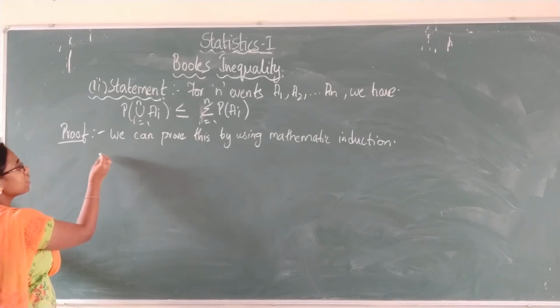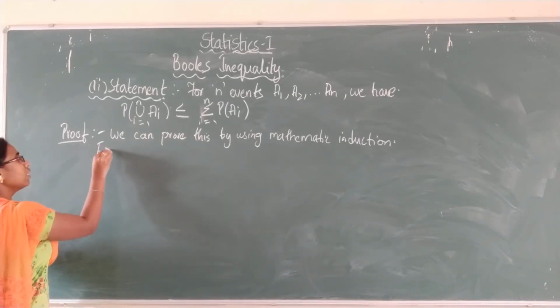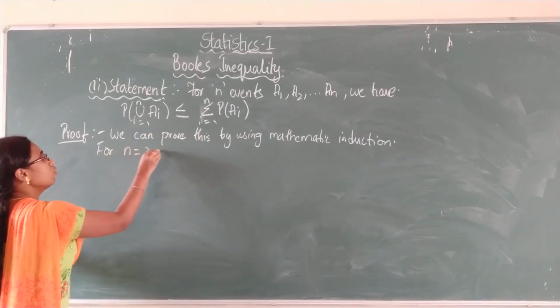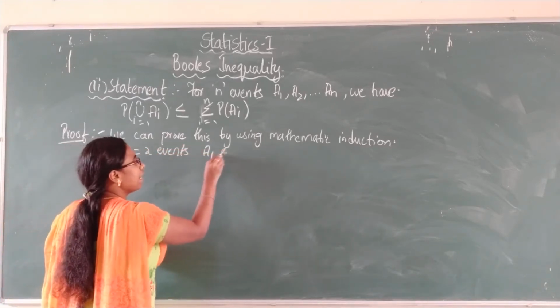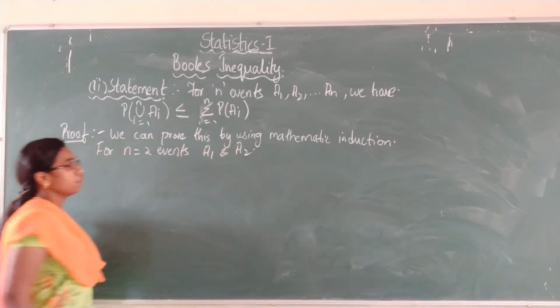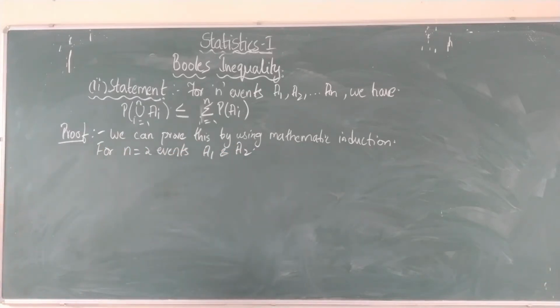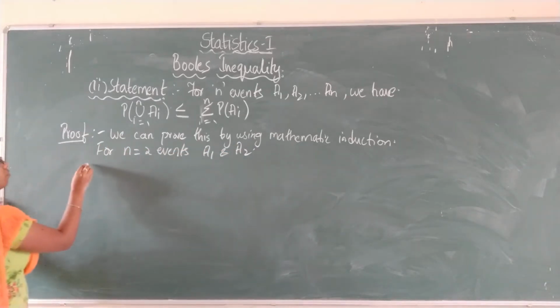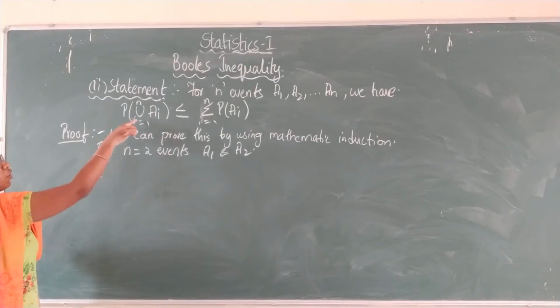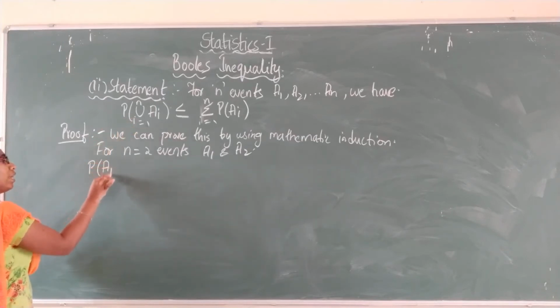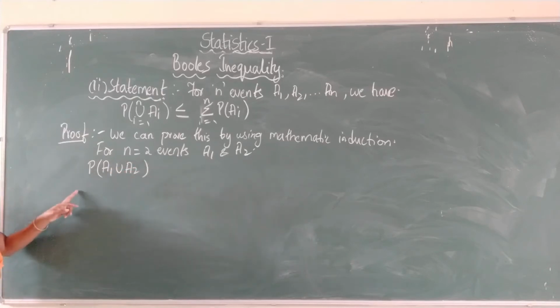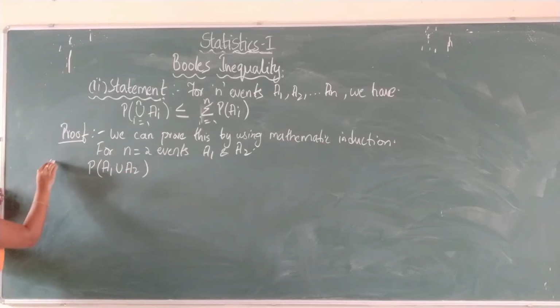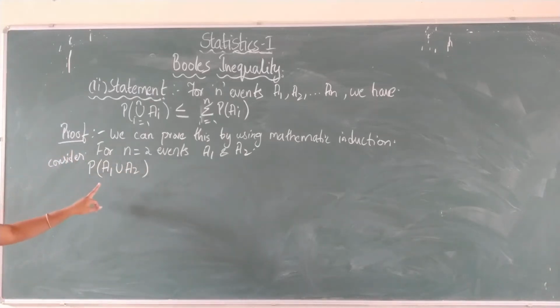So first, for n equals to 2 events, that is A1 and A2. So first we will write the probability of, we want 2 events, so only A1 union A2. So consider P of A1 union A2. So what is this P of A1 union A2 value?